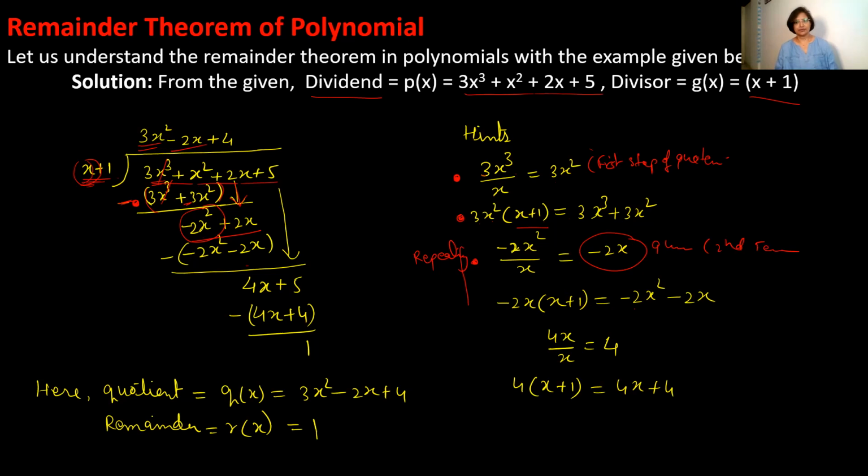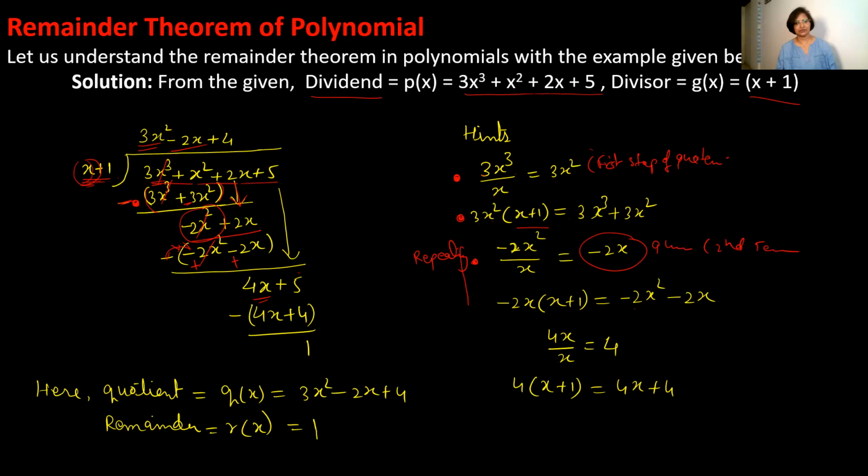So minus 2x square minus 2x within a bracket, and then we put a minus sign. Again, this will convert the signs. So it will become plus, and it will become plus after multiplying with this. Okay. So here this will cancel and this will be added. 2x plus 2x will be 4x.